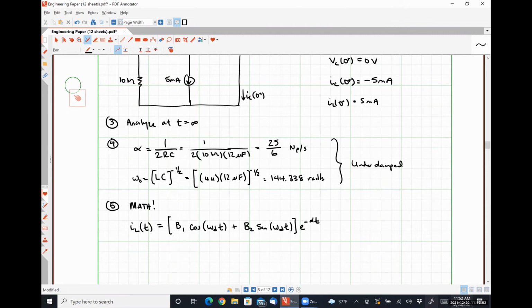And I'm purposefully not writing the plus IL at infinity because we know that bit is 0, right?